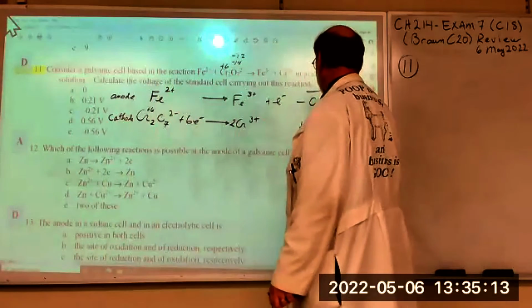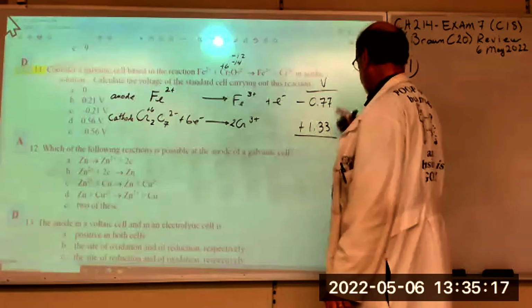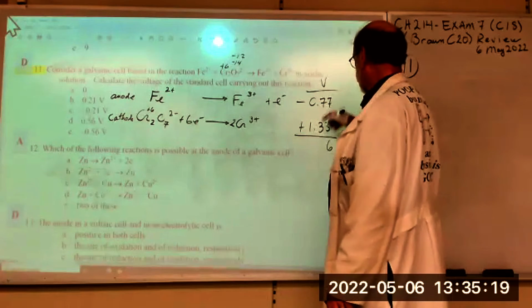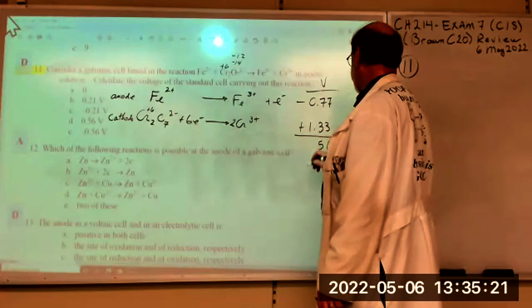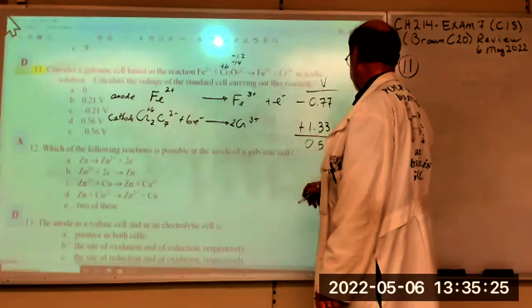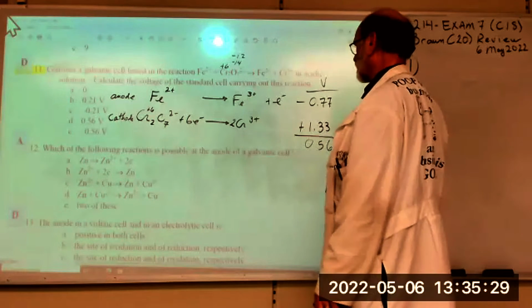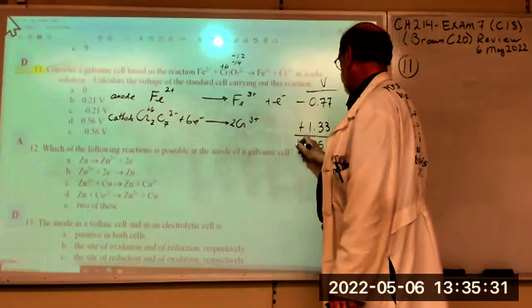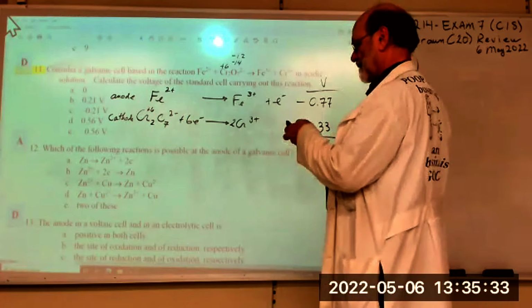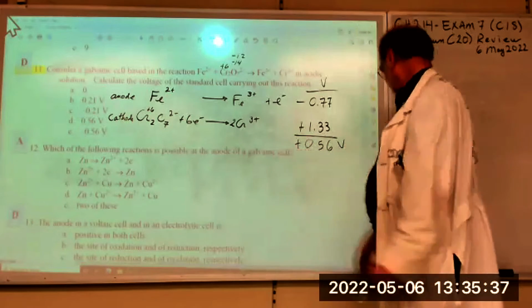This is plus 1.33. Okay, so 7 from 13 is 6, 7 from 12 is 5. That's it, right? 0.56 volts. And that should be positive. There it is right there. Okay.